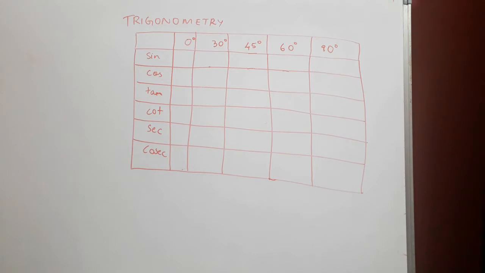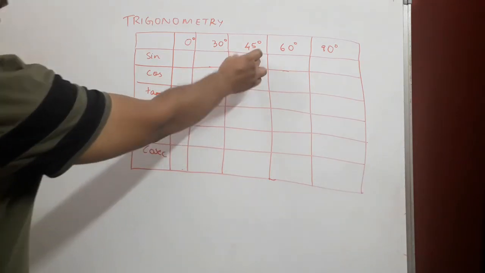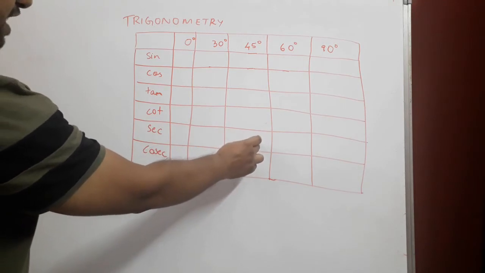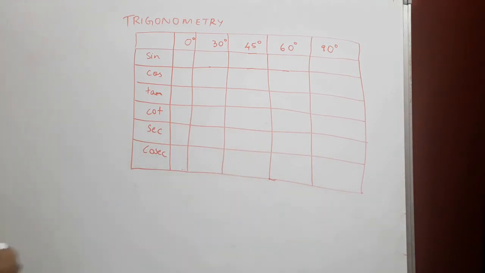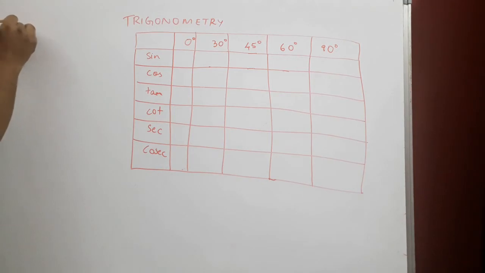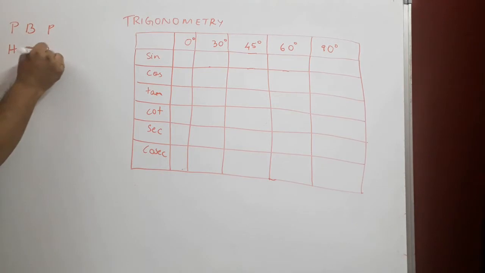So let us begin first with solving the 45 degree column, that is we will find out sine 45, cos 45, tan 45, cot 45, sec 45 and cosec 45 degrees first. For that, what I'll do is I will first write down what we have known first, that is we have learnt about Pandit Badri Prasad Har Har Bole, and P stands for perpendicular, B for base and H for hypotenuse, right?